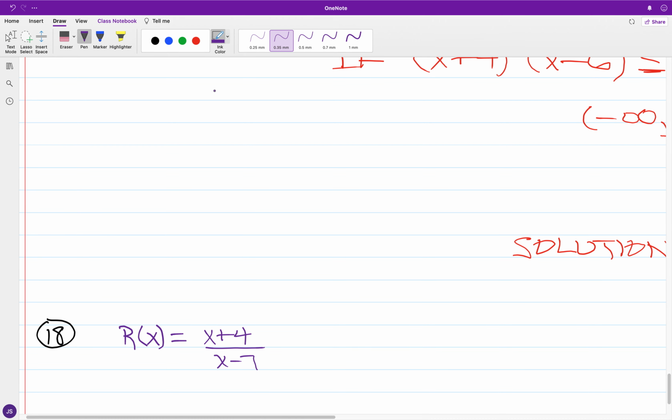So for your function r of x, you have r of x equal to x plus 4 over x minus 7.